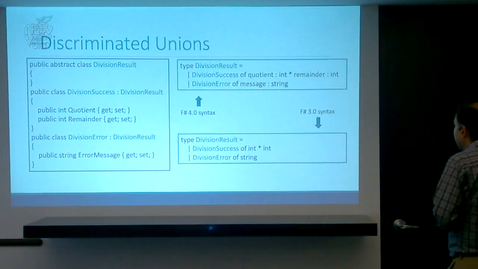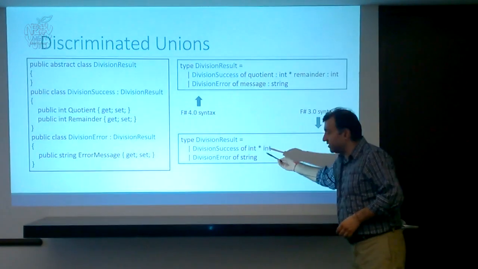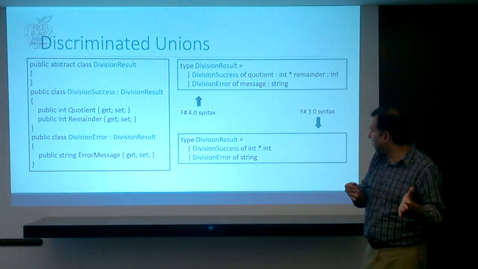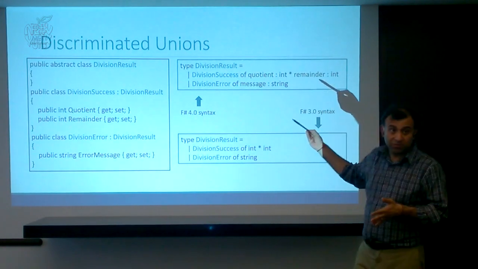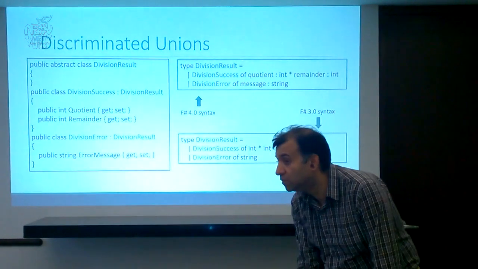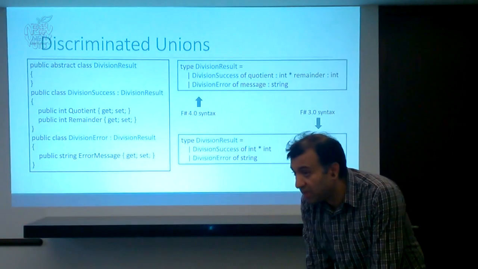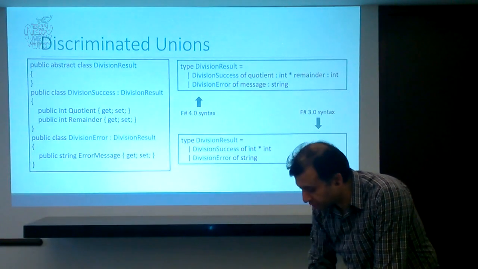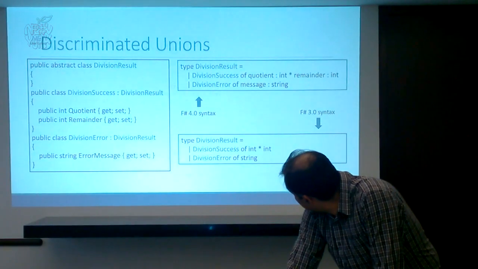When you use this syntax, obviously you have to declare values in the order in which these are defined. So if you say division success 3 comma 4 means quotient is 3, remainder is 4. Now in F# 4.0 you can name those individual fields. Yeah, this is a new feature that they've added in F# 4.